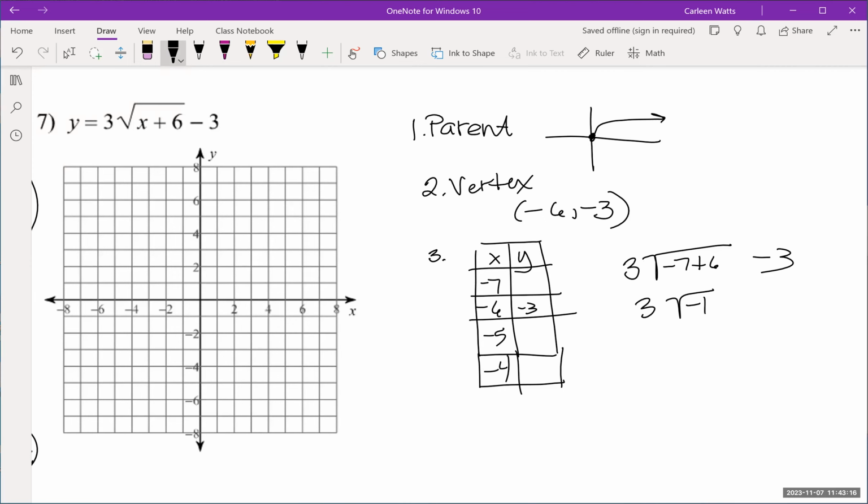-7 + 6 is -1. What do you get when you try to take the square root of -1? Error. Not a real number, it's imaginary. Okay, let's do -5.